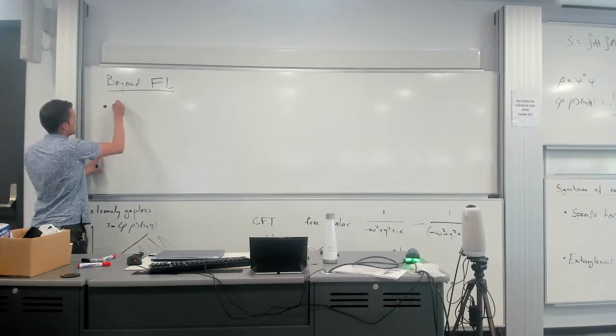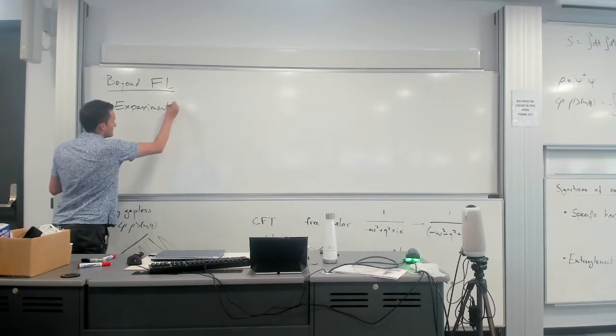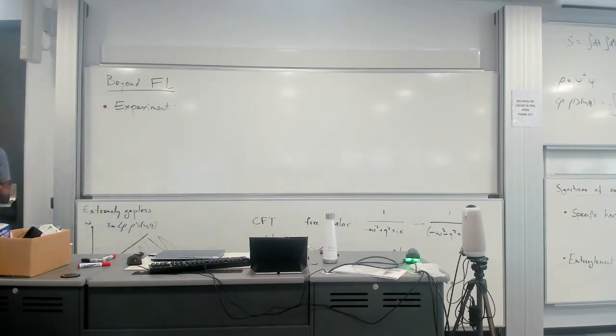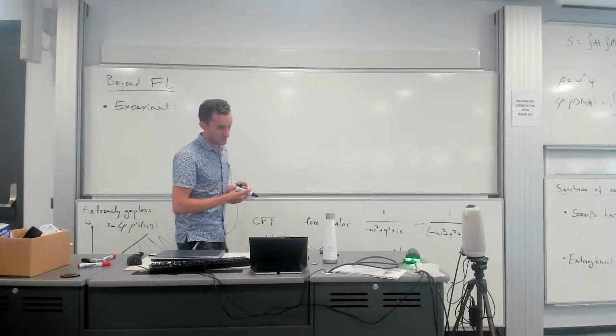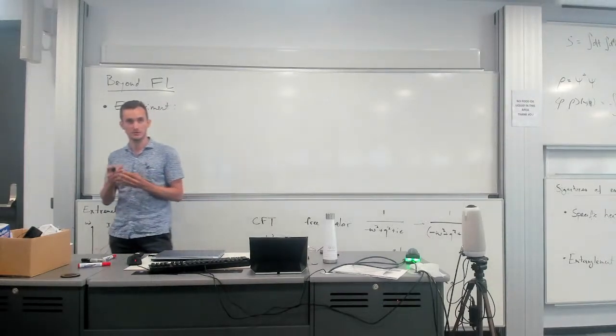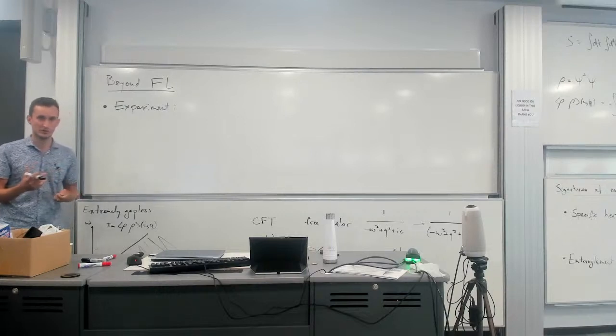The first is experimental, namely the fact that there's now a growing number of systems that seem to have Fermi surfaces. We know that they have Fermi surfaces, but they show behavior that's just inconsistent with Fermi liquid phenomenology.